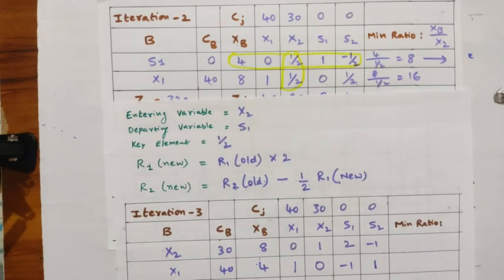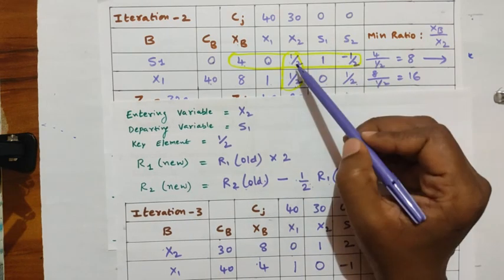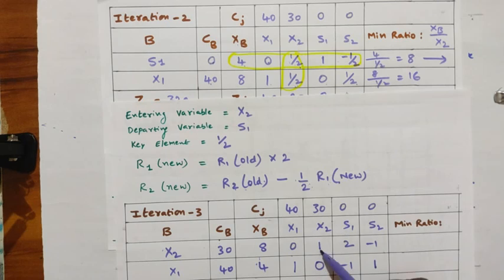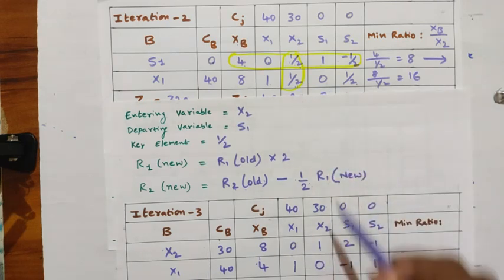In this way, by using these two formulas, we can write these two rows. Here if you see the intersection point, that is the key element, I have made it as 1 and the rest of the elements are 0 in this column.